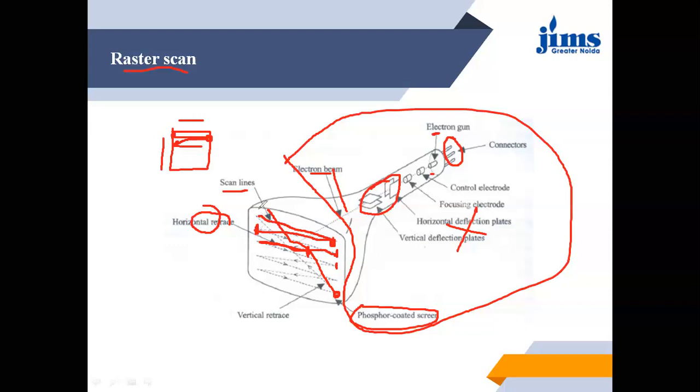And after scanning one complete screen, the electron beam has to be transferred from the last point to the first point. Then it is vertical retrace.